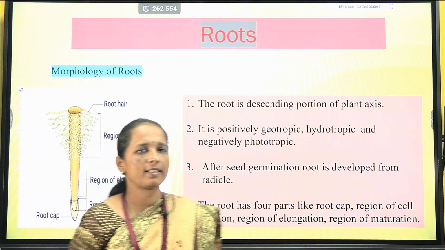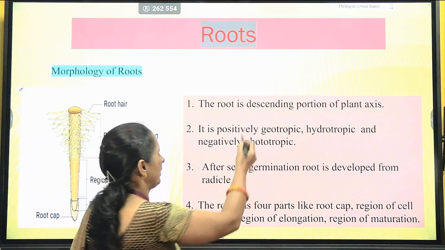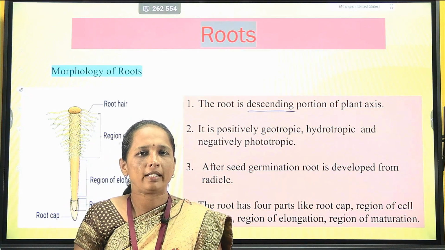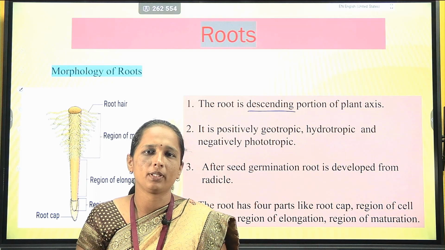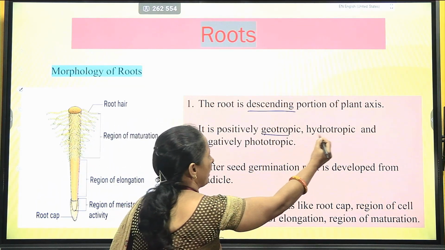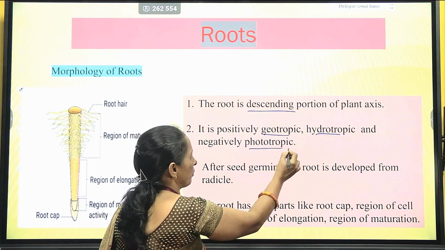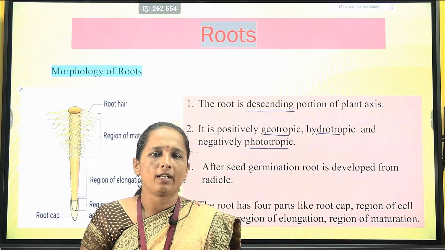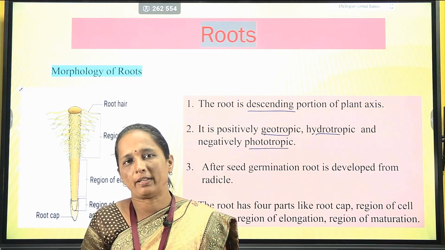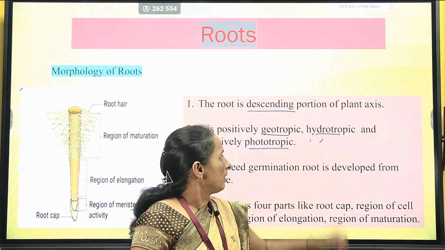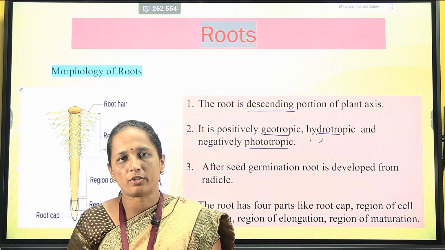The root is a descending portion of the plant body. Descending means they are growing in a downward direction, and these are the underground part of the plant body. It is positively geotropic, hydrotropic, and negatively phototropic. Geotropic means the growth of the plant responds to the force of gravity, and hydrotropic means plants grow toward water resources.